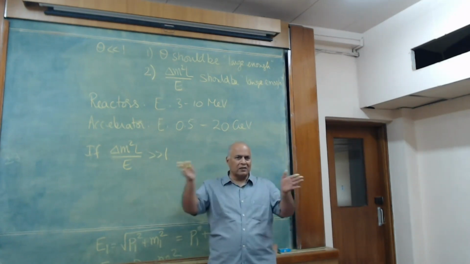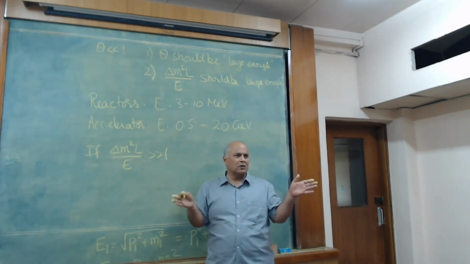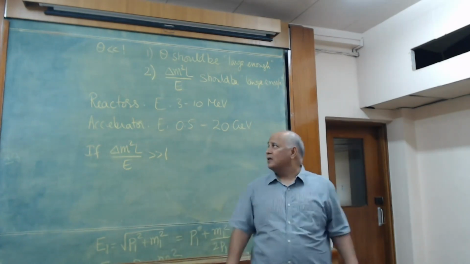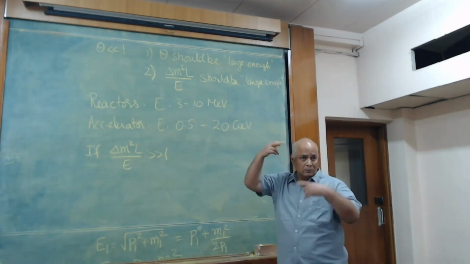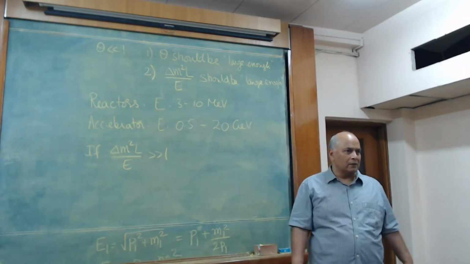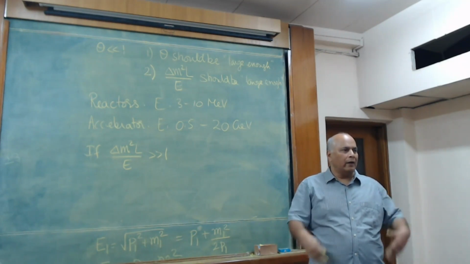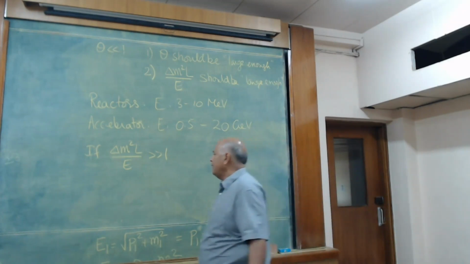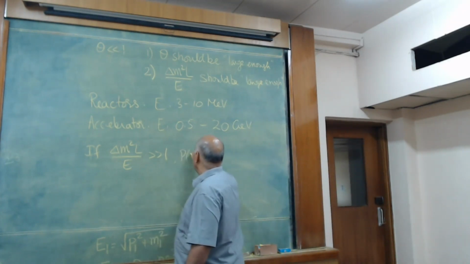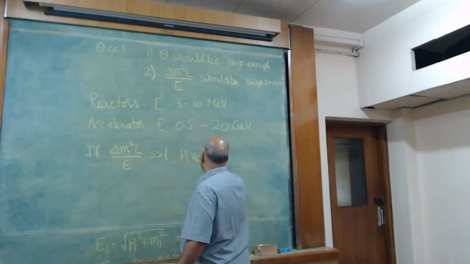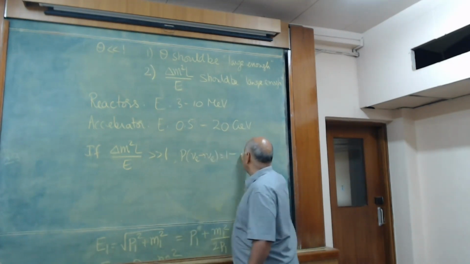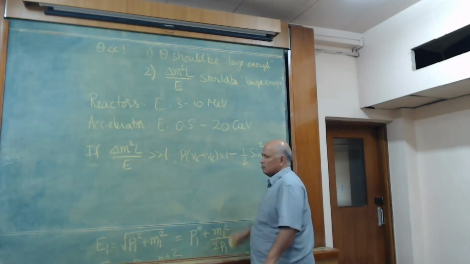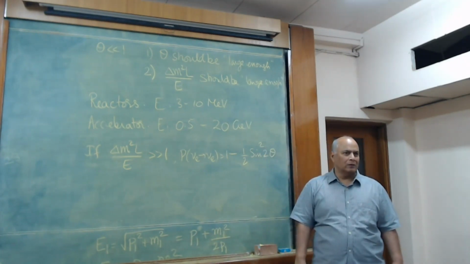So as E varies, this number is varying between 10 and 30, which means that the sine squared term is going through many cycles and it will get averaged out. So then P nu E becomes 1 minus half sine squared 2 theta.